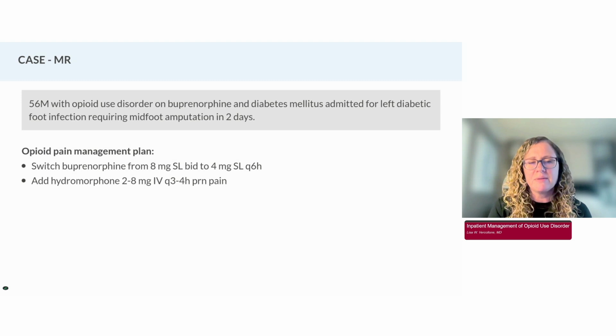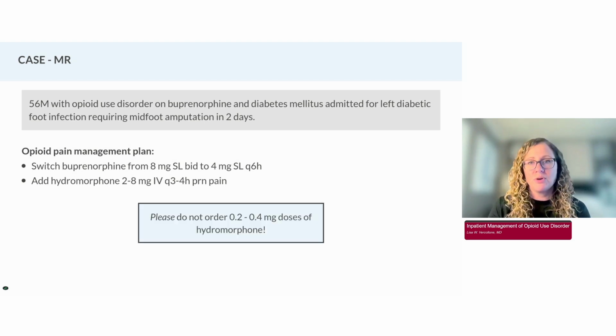I generally would recommend that if somebody is on 16 milligrams or more of buprenorphine and you need something for pain management, starting with hydromorphone 2 milligrams every 3 to 4 hours is likely the best strategy. But you shouldn't be surprised if it requires you to titrate that dose up to 8 milligrams or more. You do have to keep in mind that the buprenorphine is occupying those mu receptors.